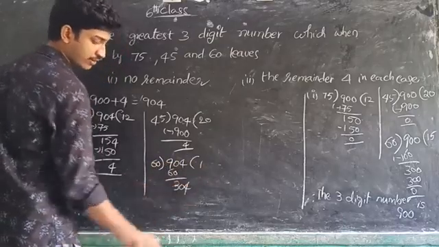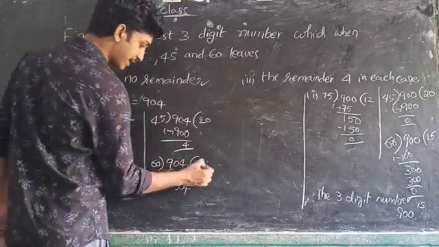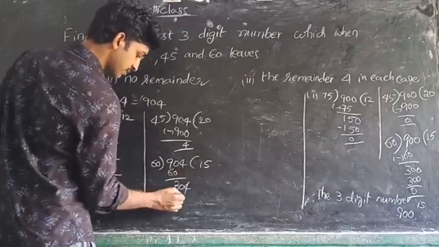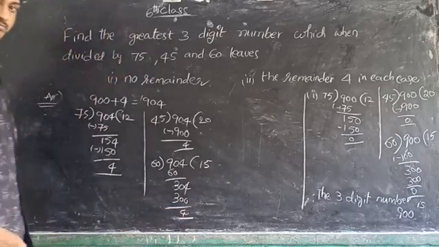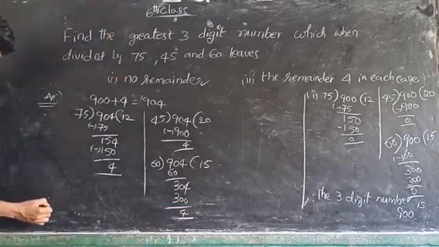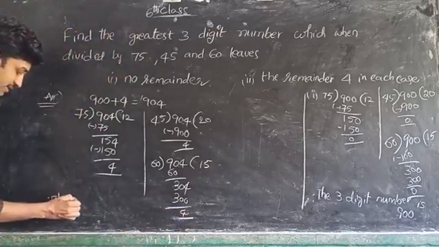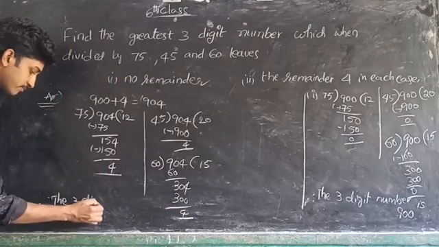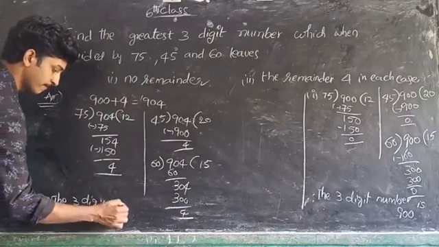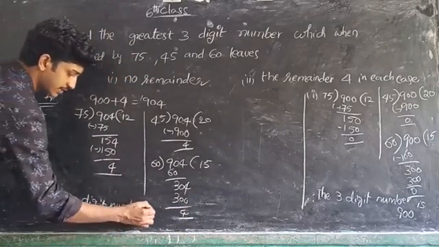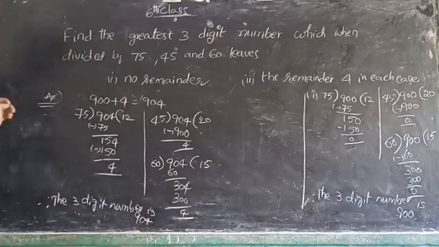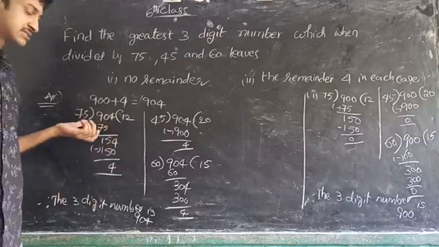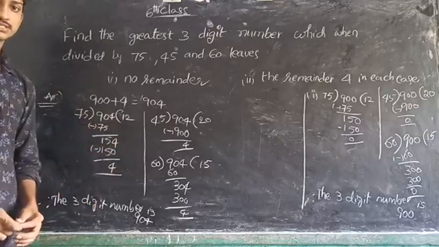I am taking this carry down to here, 304, and it is 5 times, 5 into 60 is 300. So it leaves remainder 4. Therefore, what is the 3-digit number? The 3-digit number is 904, which leaves remainder 4 when we divide this with these 3 numbers in each case.